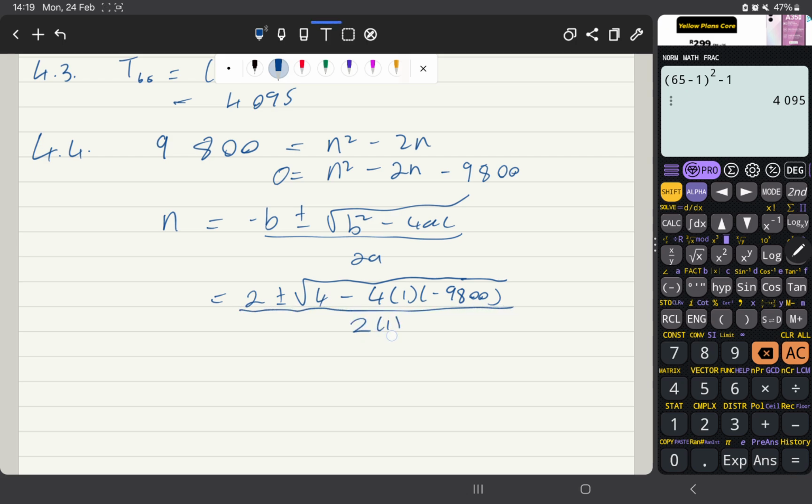And 2 into 1. I just put the whole thing in a calculator. I'll go with the plus for the first time. I have 4 minus 4 times 1 times, I'm gonna make it positive. Actually, I should make it negative.